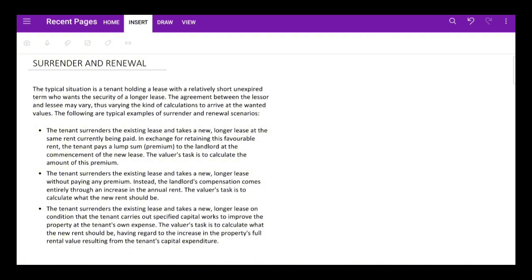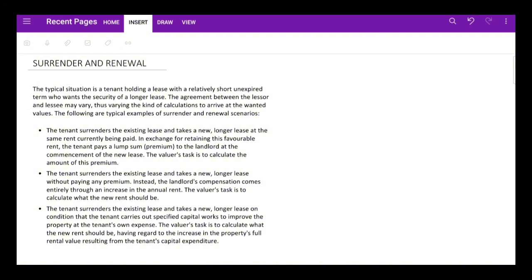You don't want the uncertainty of what may happen at the end of the lease, and maybe the property owner says, I need to use my property, or I have found someone who will pay more. So you are saying, okay, take the rest of my lease and give me what I want. So if you look at my screen, I have written out some things. I said the typical situation is a tenant holding a lease with a relatively short unexpired term who wants the security of a longer term.